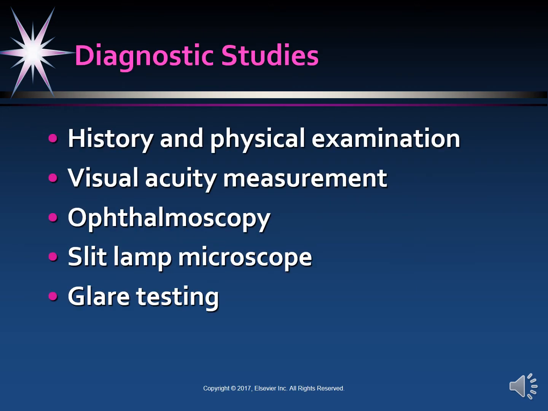These would all be diagnostic studies: that thorough H&P, measuring acuity with the Snellen chart, visualization of the eye with an ophthalmoscope, using a high intensity light source, the slit lamp microscope, to really be able to look at the lens, and then glare testing to assess for light scatter.